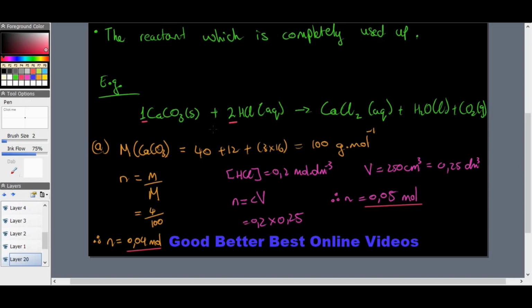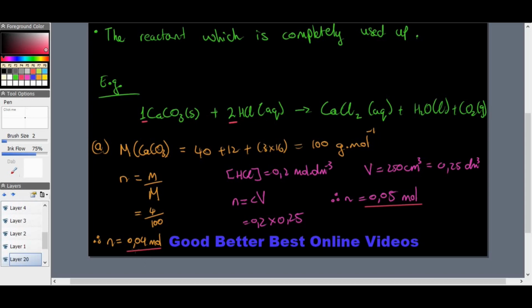So in other words, 0.04 moles of calcium carbonate will need 0.08 moles of HCl. Let me say that again: for every 1 mole of calcium carbonate, we need 2 moles of HCl, twice the amount.